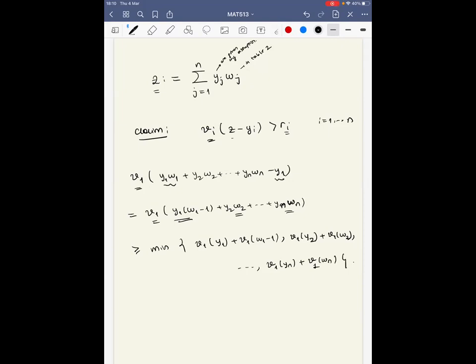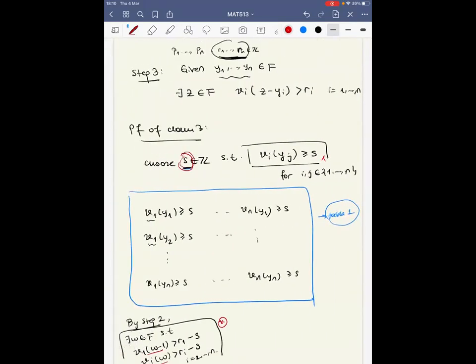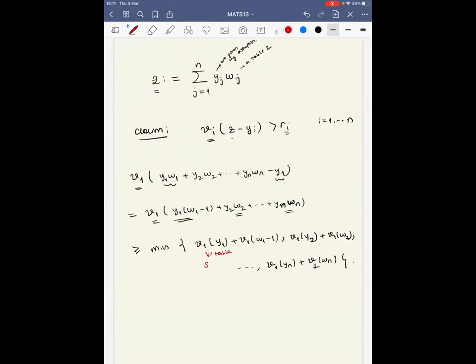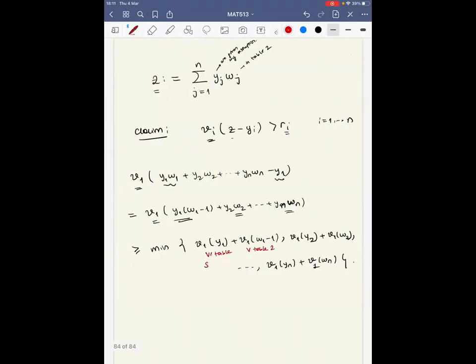Now, from table 1, we know the existence of S which bounds this integer. So that means V1 of y1 is bigger than or equal to S. And from table 2, from the first condition, we know that this is bigger than R1 minus S. So the sum of these two integers then should be strictly bigger than R1.